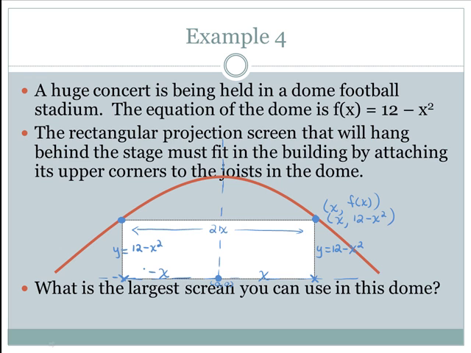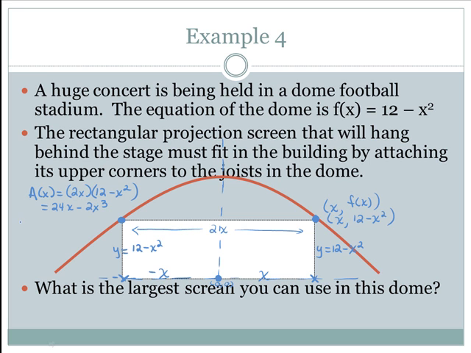So now that we have the dimensions of our rectangle, we can write an equation regarding the area, which is the length 2x times the width, which is 12 minus x squared. And if we multiply that, we get 24x minus 2x to the third.